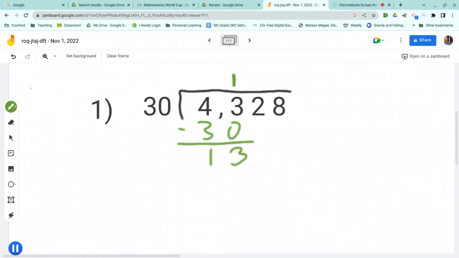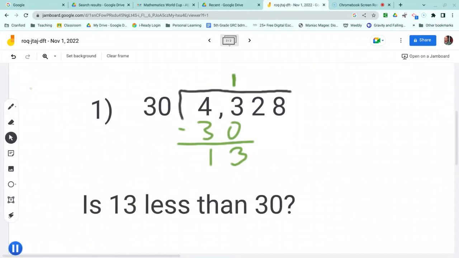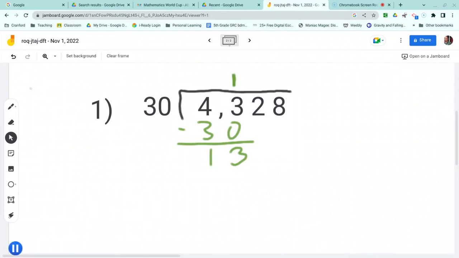I have 13 left over. Is 13 less than 30? Yes, it is, which means I'm ready to move on. My next step, bring down my 2. Maybe I'll do it a different color here. So now I have to ask myself, how many times does 30 go into 132?